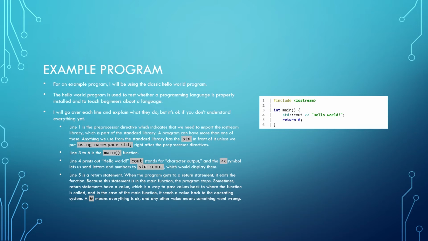Functions usually have a return statement, and when a program gets to a return statement, it exits the function. Because this return statement is in the main function, it tells the program to stop.